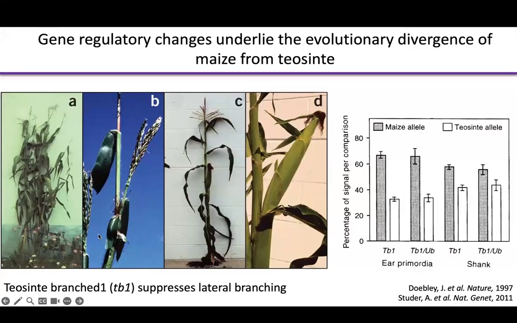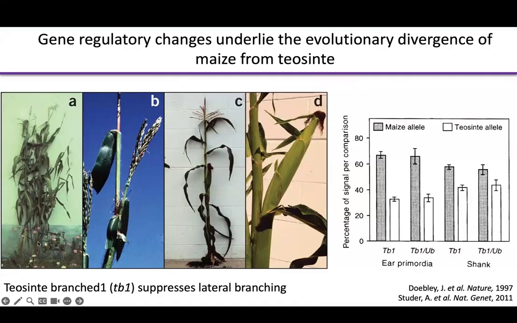Gene regulation plays important roles during plant evolution. Here I will give you an example about TB1. TB1 is a star gene, a central regulator of maize architecture. In teosinte, TB1 expression is pretty low, and TB1 is a negative regulator of lateral branching and bushy form.